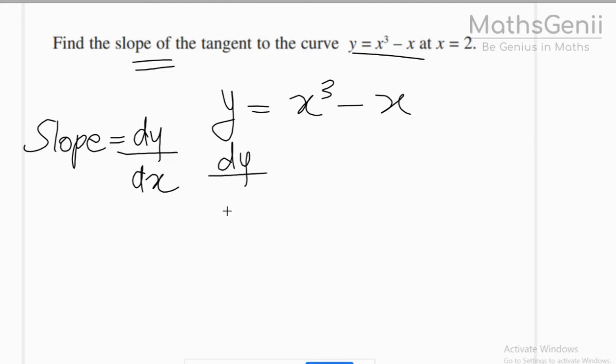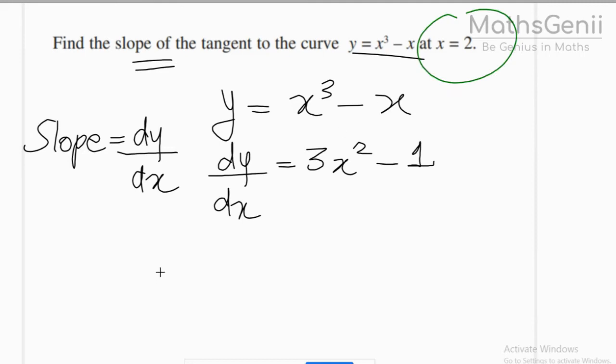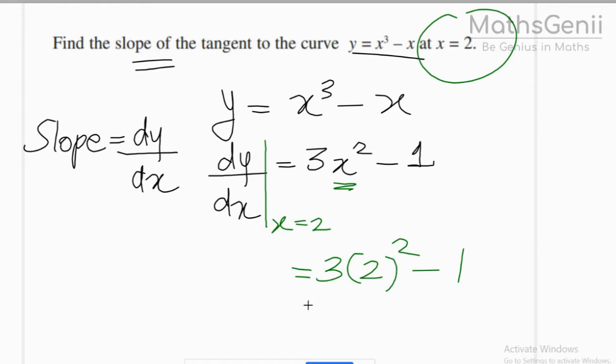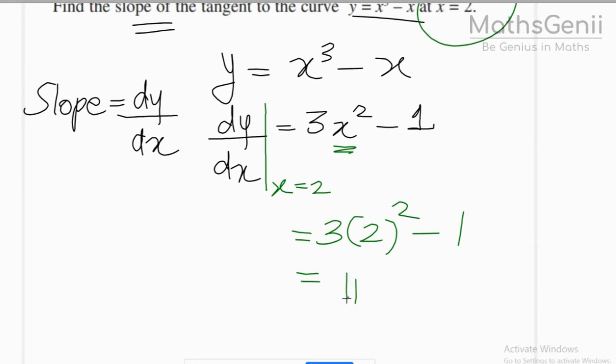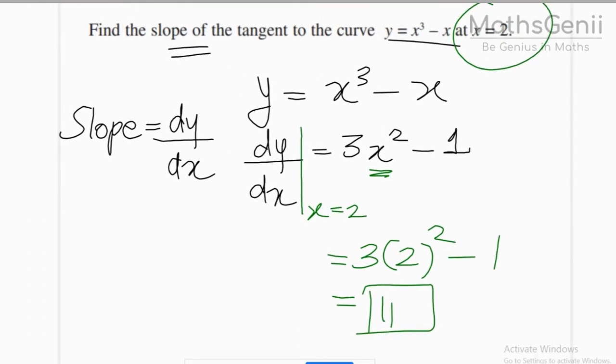What is the derivative of x cube? 3x square minus, what is the derivative of x? It's 1. They have also mentioned the point in the question, x is equal to 2. So wherever you have x, just substitute 2. 3 4s are 12, 12 minus 1, 11. Very simple.